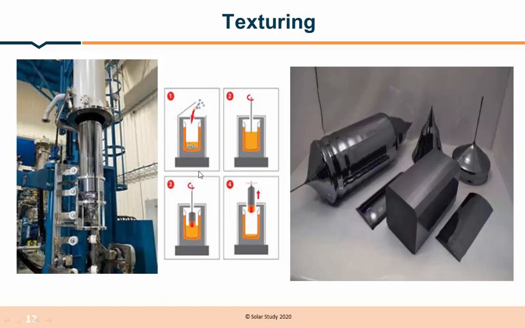The chamber contains some texturing material, and it will do the texturing process for the entire ingot. This is one of the industry's texturing processes. These are the chambers. Here you can see this is the ingot. Then this pipe comes down, the ingot moves inside, and it creates the texturing process.